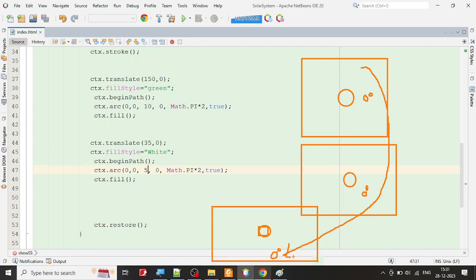We have to get this movement continuously. How do I get this movement? In other words, we have to keep on rotating this earth around the sun, so the earth's angle must keep on changing.